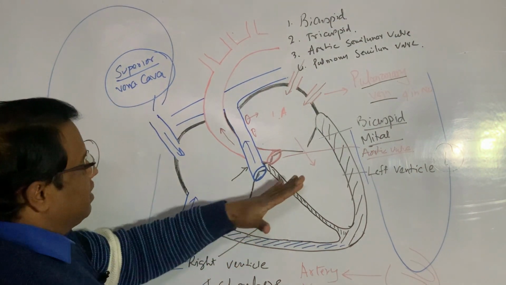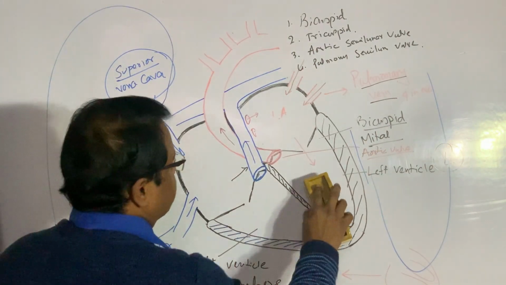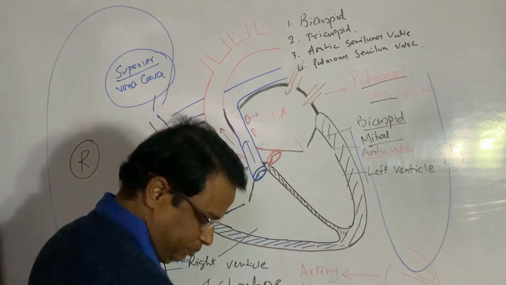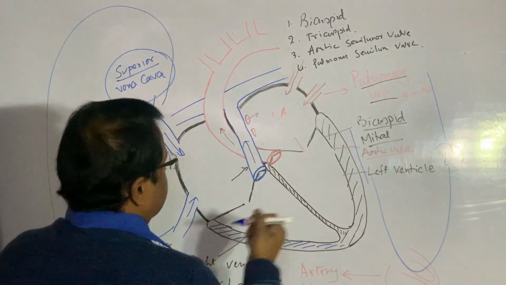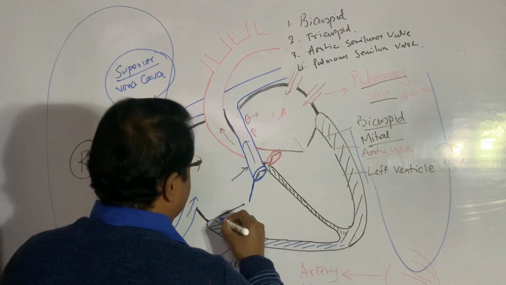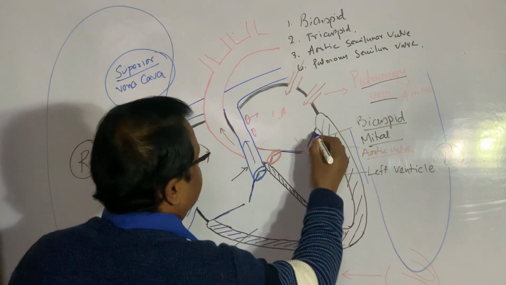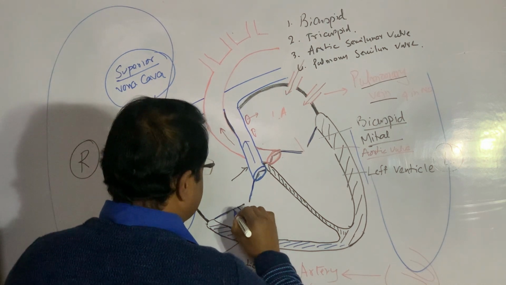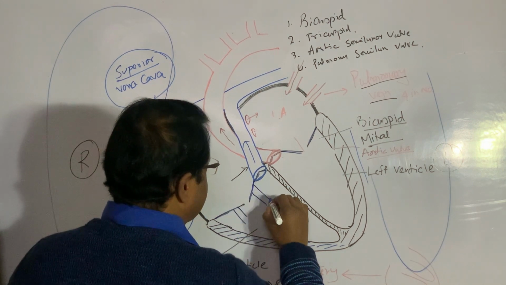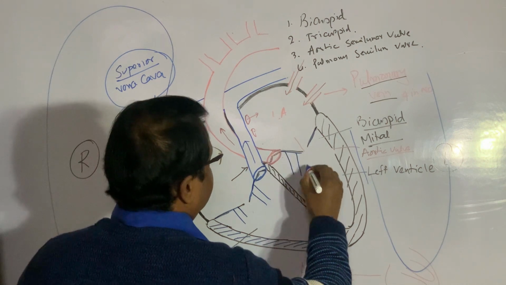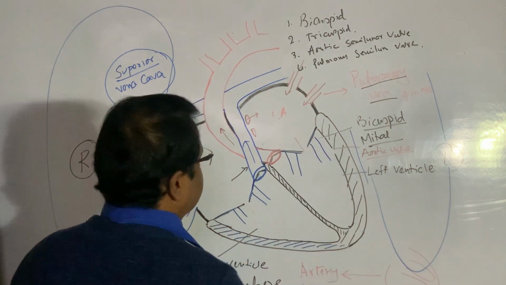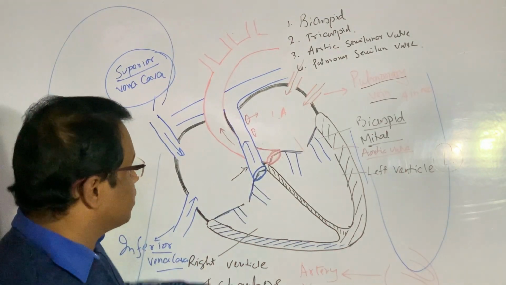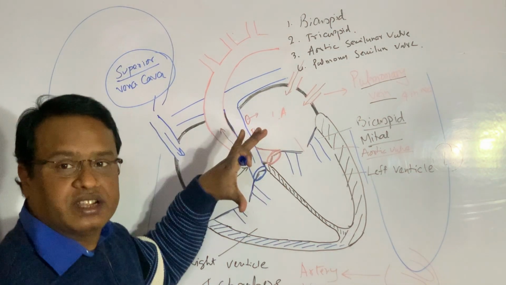Another thing I just want to mention here: that is the tricuspid valve, that is the bicuspid valve. These two valves are strongly attached with the ventricular wall by a tendinous ligament called chordae tendineae.